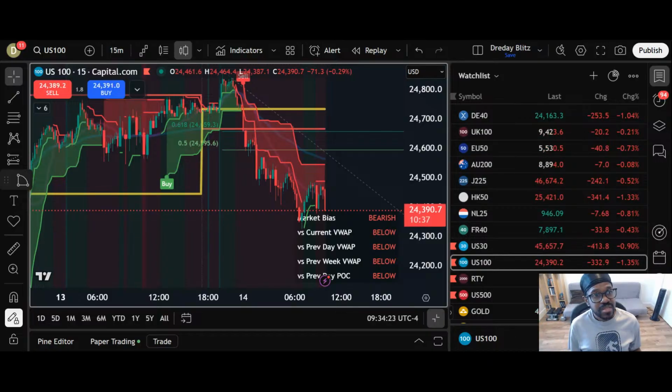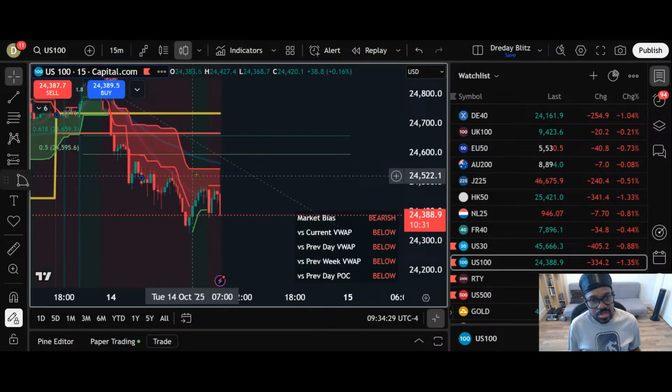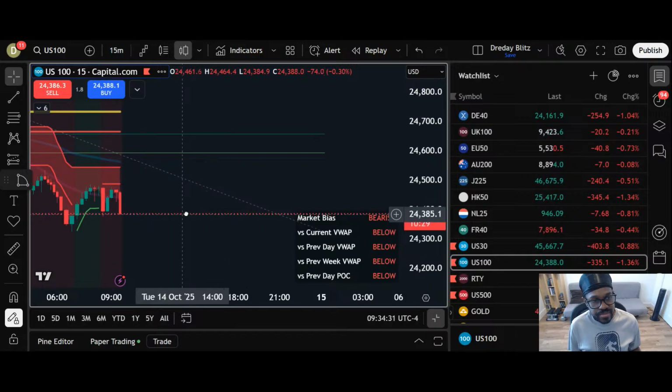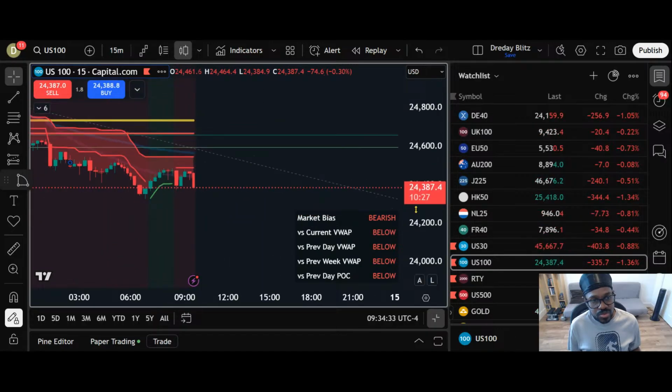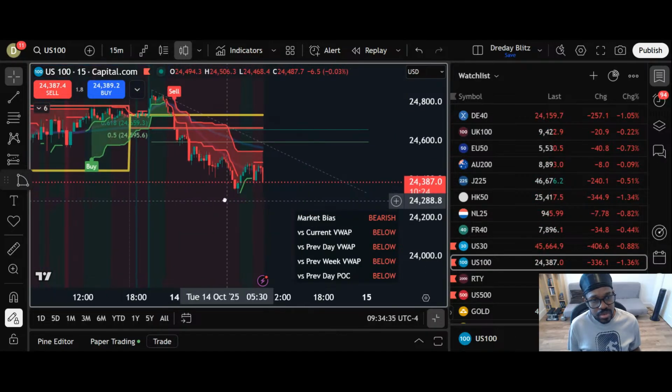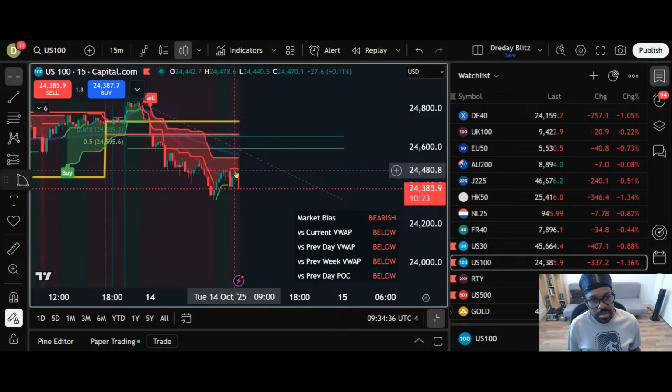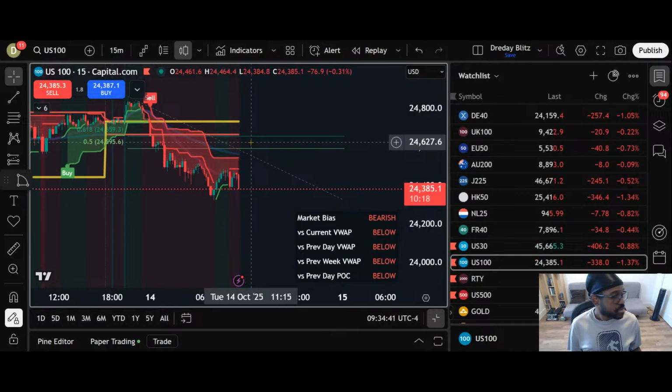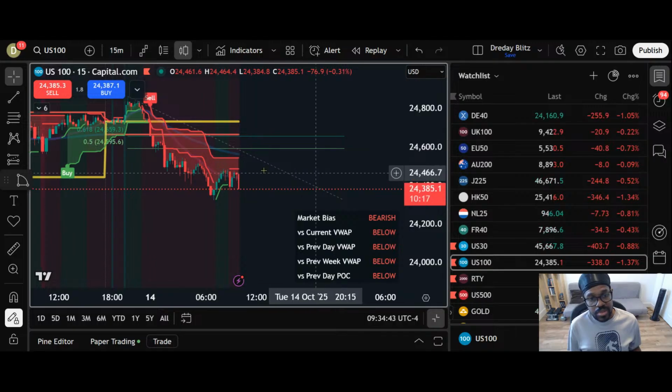Yeah, but to get the actual buy signal, it needs to pass the cloud here.